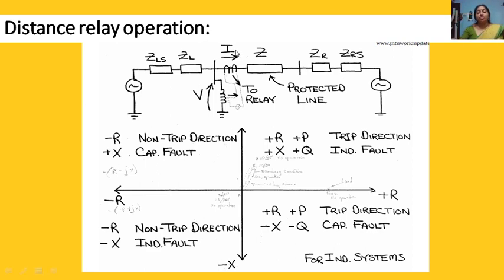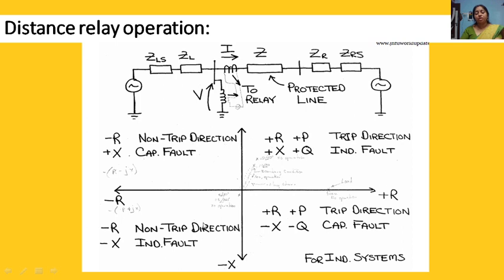Suppose the relay is located here and the fault is here, the relay should not operate for this fault. The relay will operate only for forward direction faults. For reverse direction faults, the relay will not operate. So we want a directional feature of the relay.